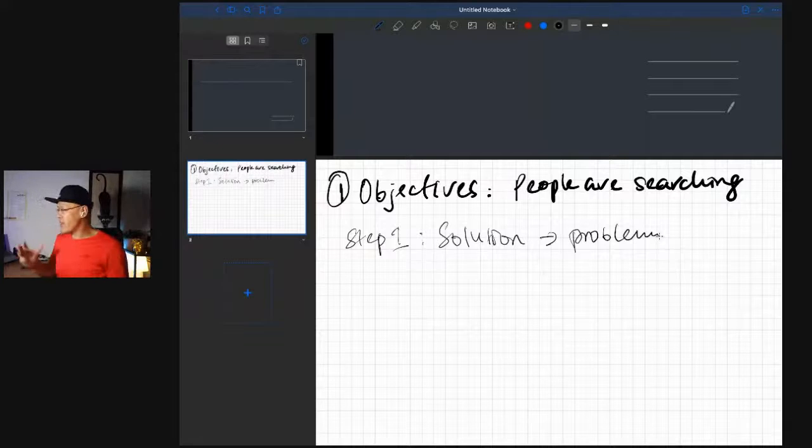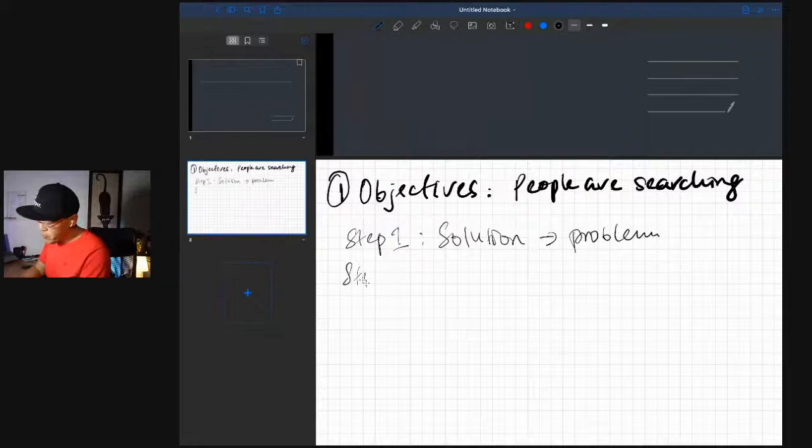So whatever the case may be, whether you are making a cell phone like this or creating a course, the main thing that you must know is whether people are actually searching for your solution, right? And the only way to find out for now is to know what problem this solution solves. So that's the first thing.